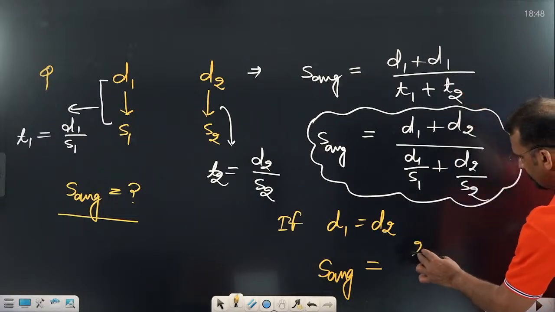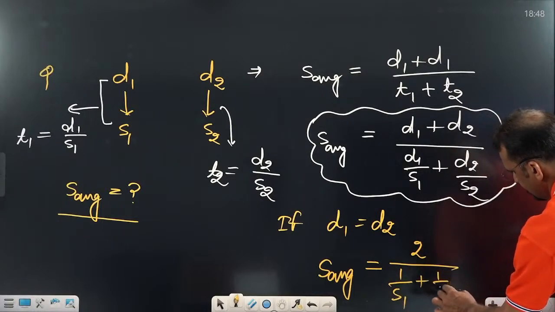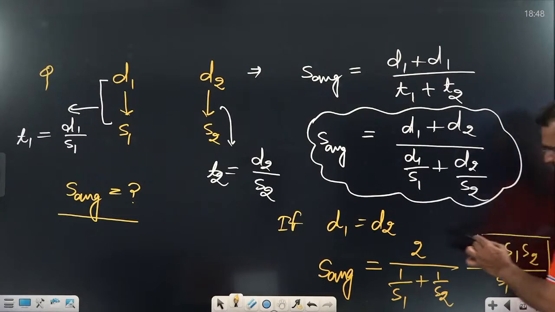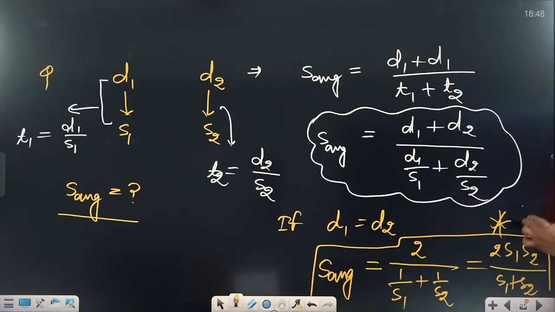D plus d is 2d, divided by d times 1 by s1 plus 1 by s2. Take the LCM s1 s2, and it goes to the upper side. So average speed equals 2 s1 s2 divided by s1 plus s2. This is a very important formula. Give it a 5-star rating.